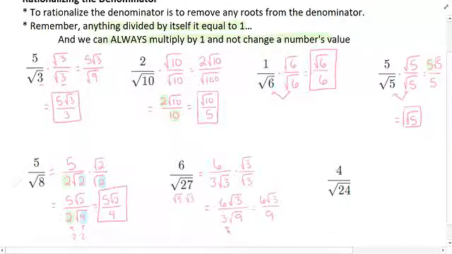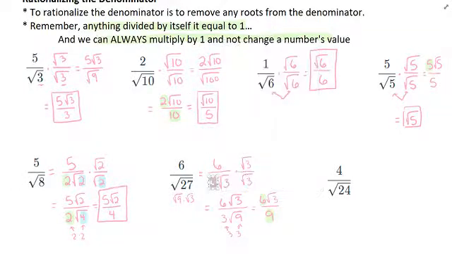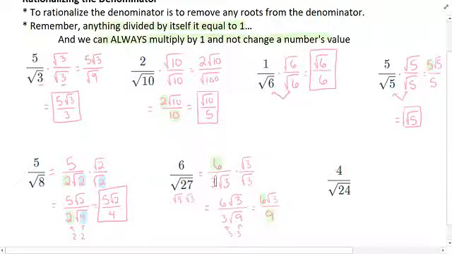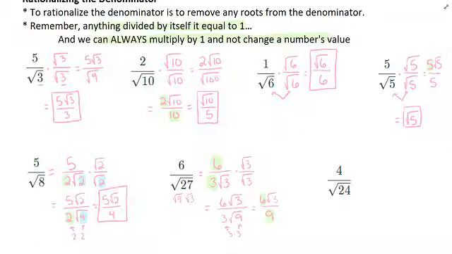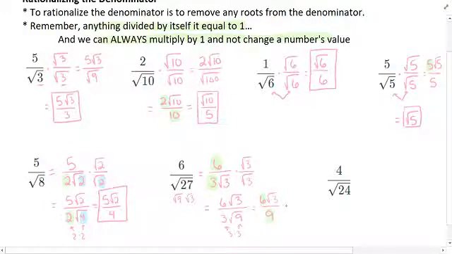Remember, this is 3 and this is 3, and they're being multiplied together. Now notice that I can simplify this. 6 and 9 outside the square root can both be reduced. Now I could have done that up here as well, and I could have reduced it before I started rationalizing it. You will get the same answer. But in this case, we simplify to 2 root 3 over 3.